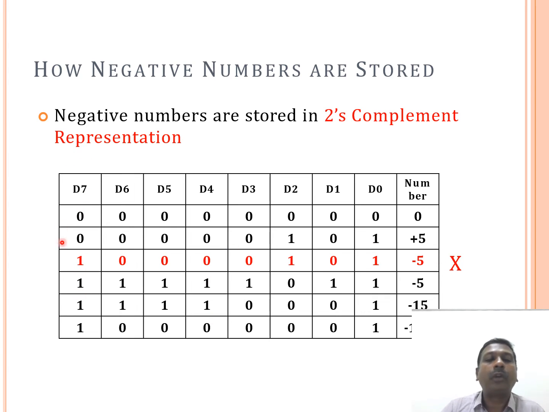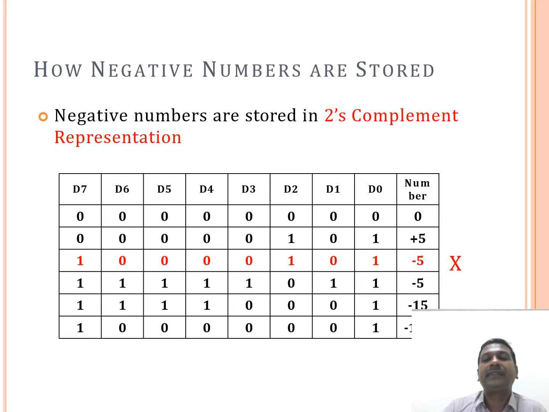In all cases, the MSB, most significant bit, will act as a sign bit. Sign bit indicates whether your number is going to be a positive number or a negative number. Whenever it is 0, that indicates a positive number. Whenever the MSB is 1, it indicates a negative number. So the 2's complement automatically fills 1 in the MSB.